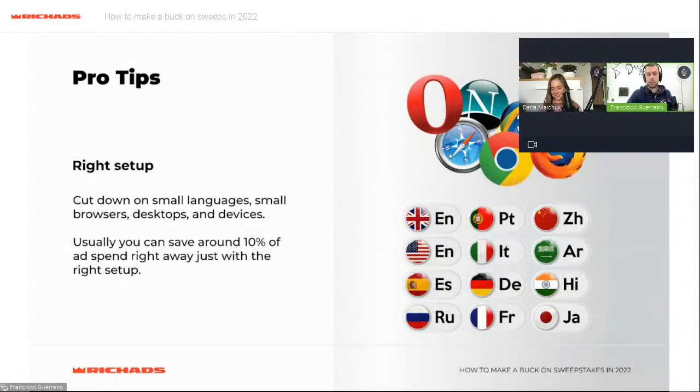Next, right setup. We spoke about making sure that the tracking is working properly, and this is important, yes. But you also need to make sure that if the tracking is properly done, your own setup is also well done. So, for example, earlier I mentioned that Middle East is a top market for us in Mobidea for sweepstakes.